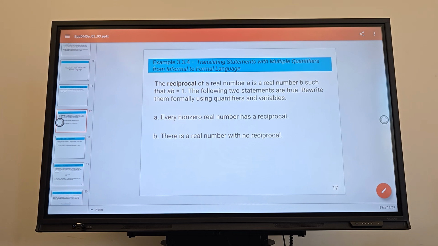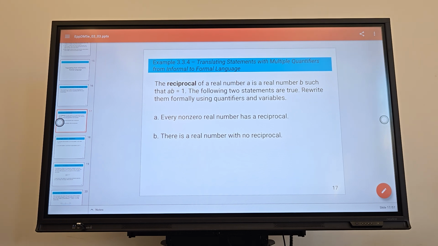For all x that are real numbers, there exists a real number y such that y times x equals 1, or A and B. Let's see here. And there is a real number with no reciprocal.